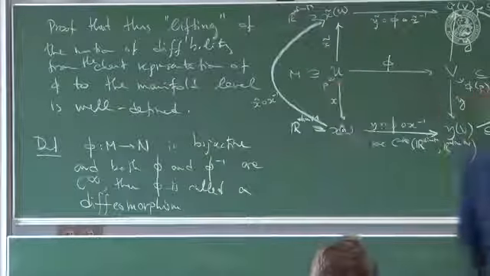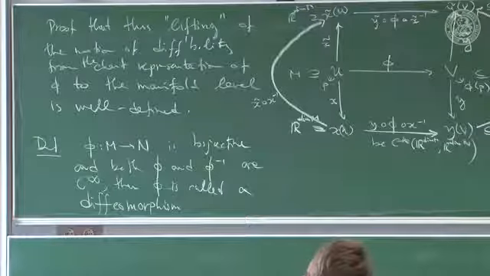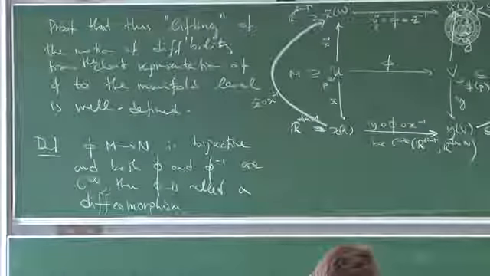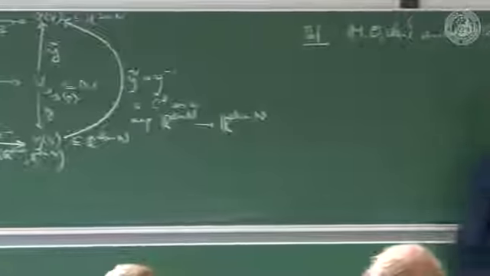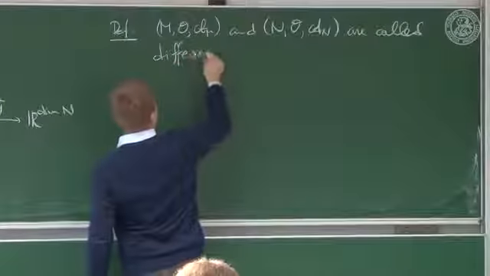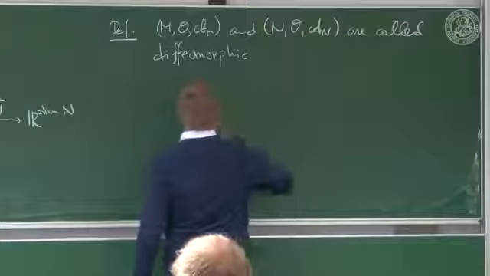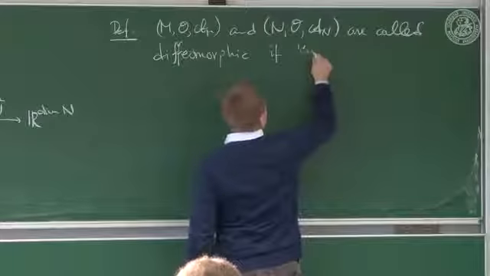Okay, and so then we have the next definition we already anticipated. Two smooth manifolds M and N are called diffeomorphic if there exists a diffeomorphism between them.